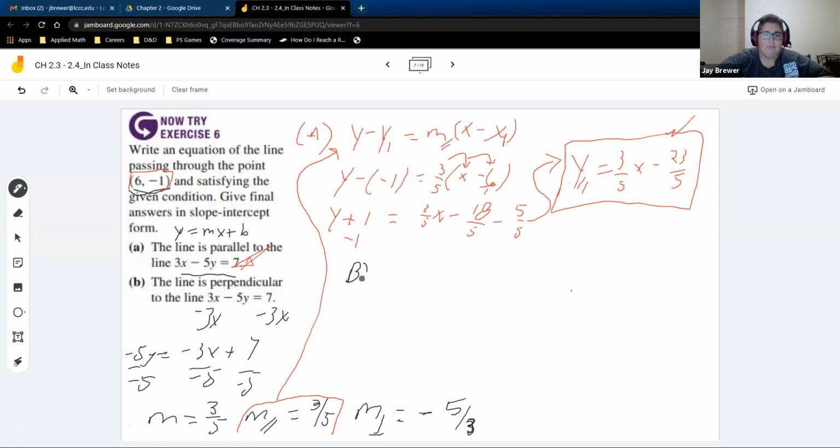All right, let's do B. Now we're going to use, let's do B in blue. Okay. Now we're going to use our perpendicular slope and the same point.